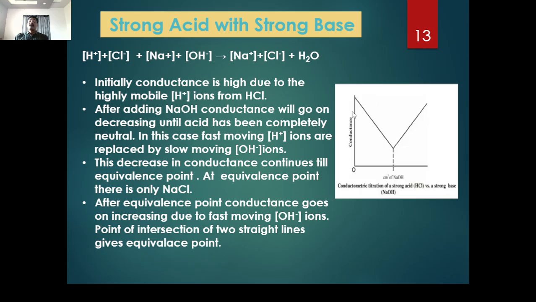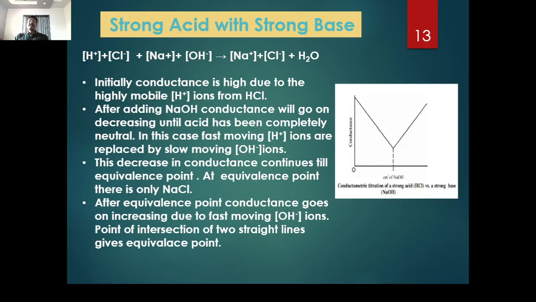Hydrochloric acid consists of fast moving H plus ions, and due to the high mobility of H plus ions, initially the conductivity is high. When we add the sodium hydroxide from the burette, the conductivity slowly decreases, and this decrease is due to the replacement of the fast moving H plus ions by the slow moving OH minus ions.